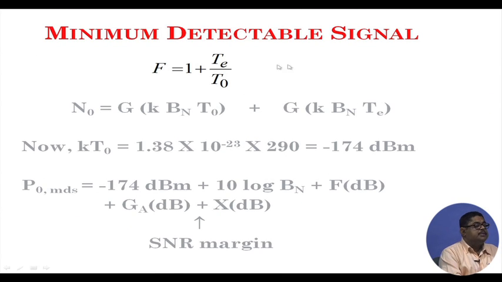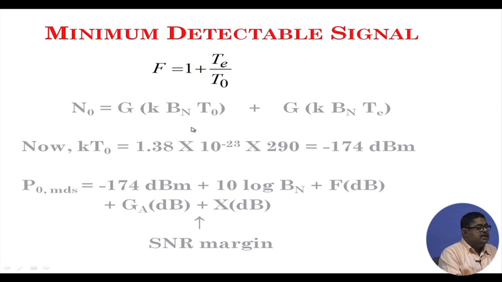Now, what is the minimum detectable signal? Because ultimately you have to detect the signal. You know that noise figure and equivalent noise temperature are related by this. If you put this in, No becomes this, which we have already seen.